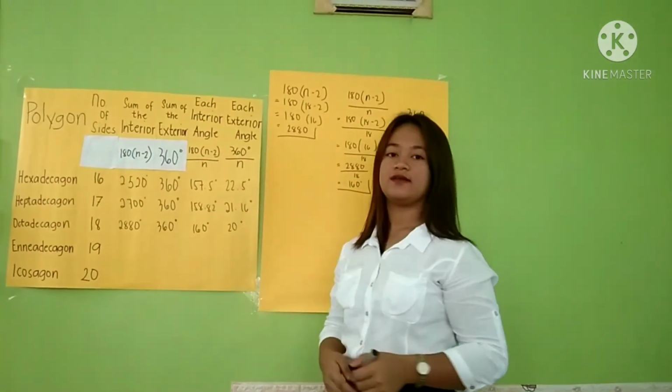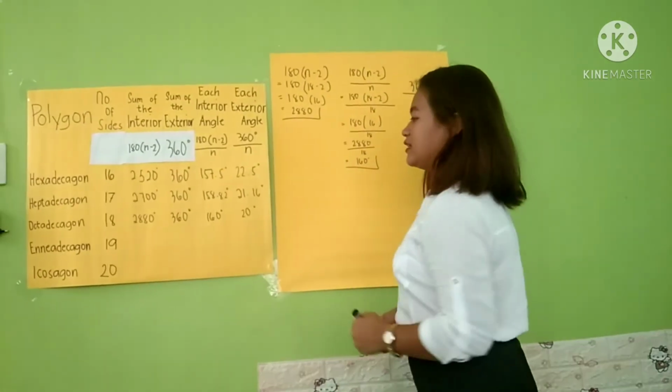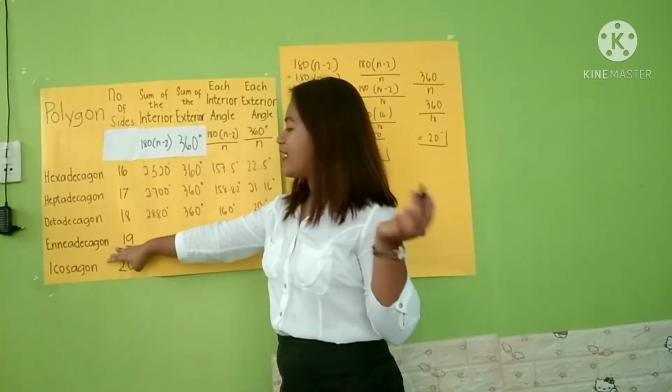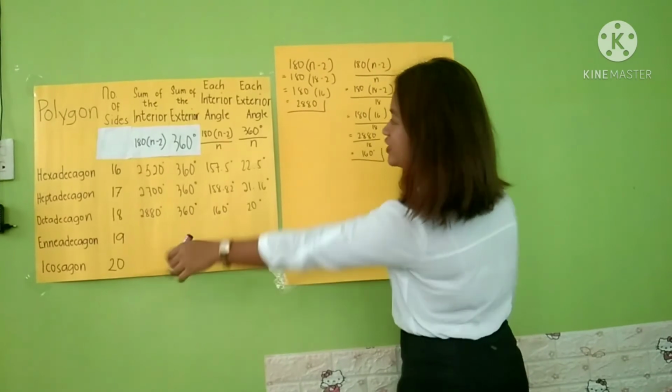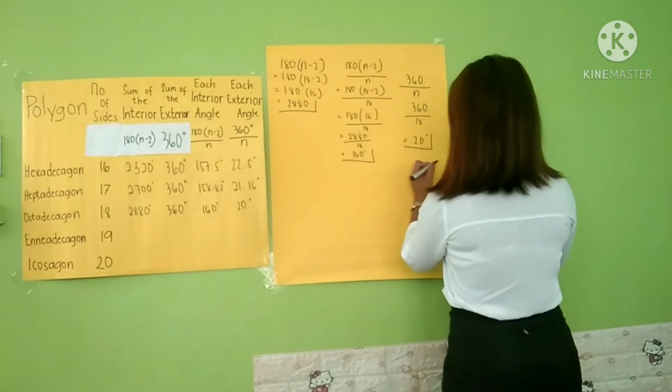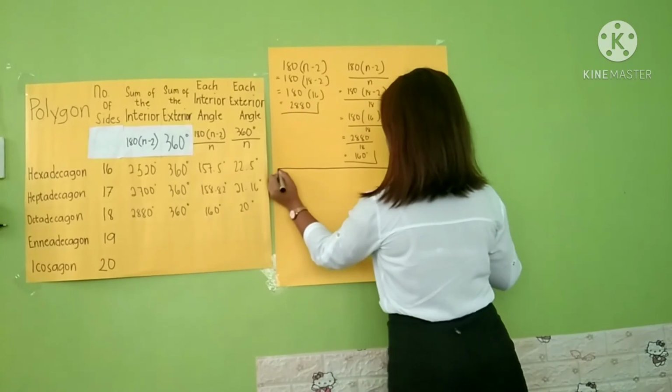Then the next one is the enneadecagon, which has 19 sides.